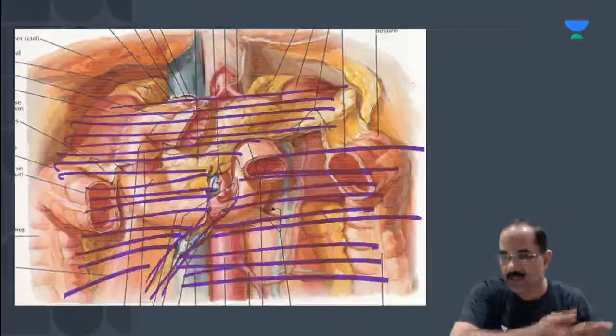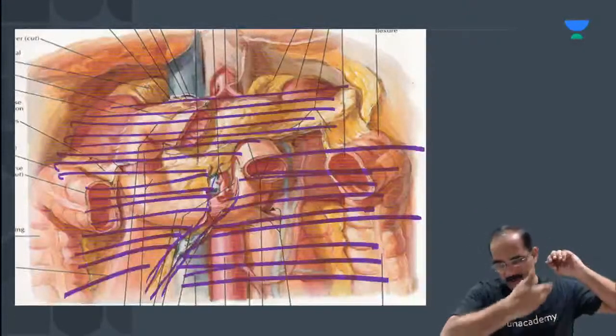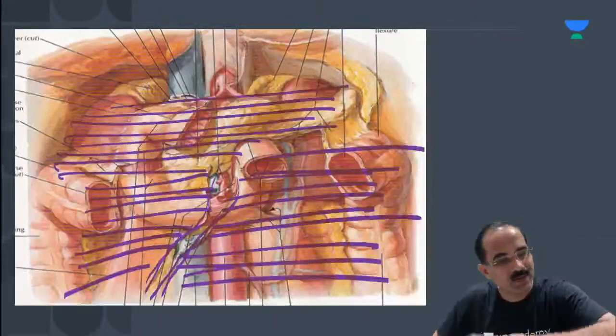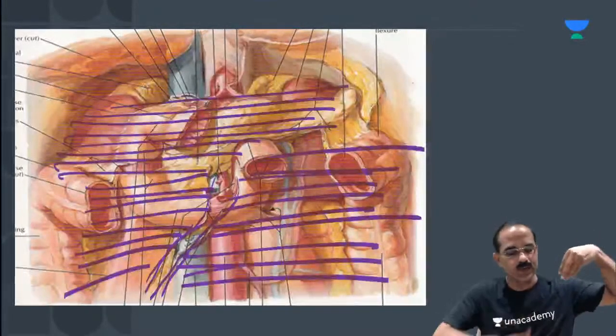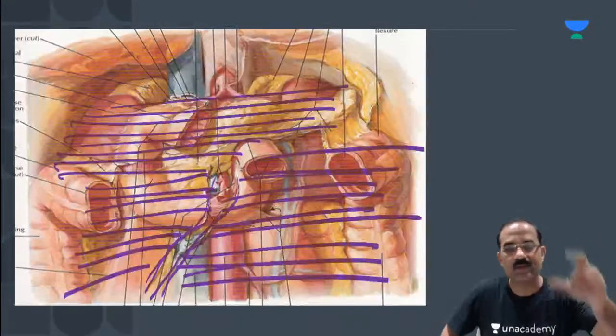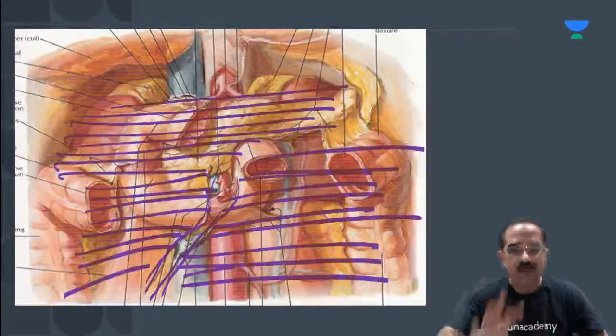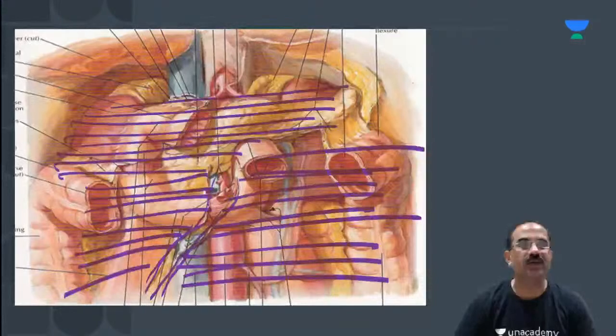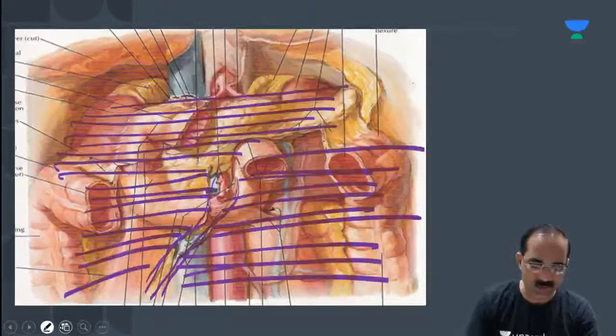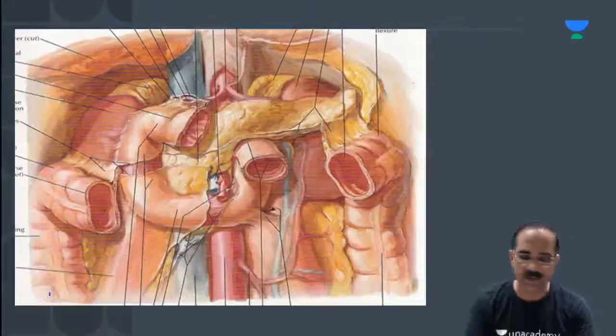So from the DJ flexure, which is on the left side, to the sacroiliac joint on the right side, ये जो line होगा, this line is known as the root of mesentery. Okay, I'll be telling you what is this root of mesentery and what structures it crosses and all. That's very important.